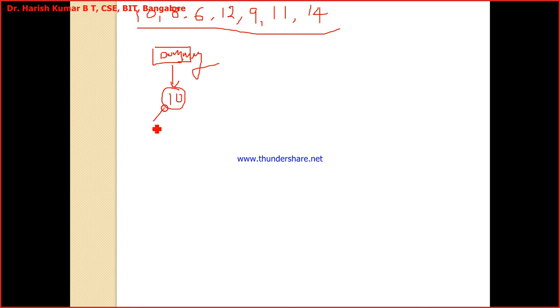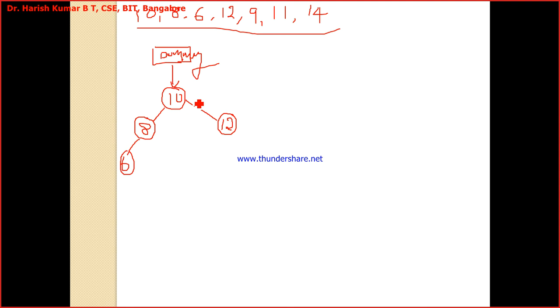Since 8 is less than 10, it gets inserted towards the left side. Next is 6. I compare that with 10, it is lesser, and again with 8, it is still lesser, so it gets inserted towards the left side of 8. Next 12 is bigger than 10, so it gets inserted towards the right side.